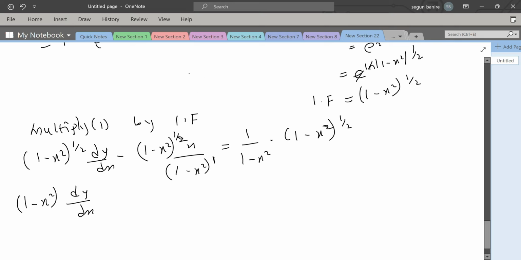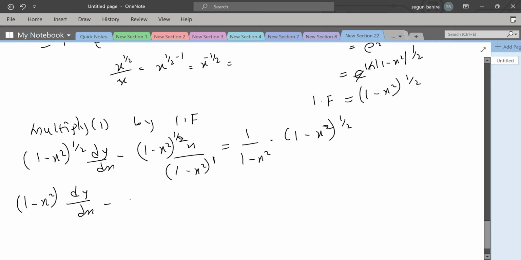See, if you do s raised to the power of 1 over 2 divided by s, this will give you s raised to the power of 1 over 2 minus 1. That's s raised to the power of minus 1 over 2. At the end of the day, let me just write that. This is 1 over 2, this is 1.